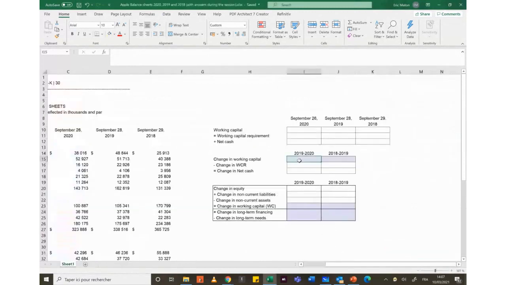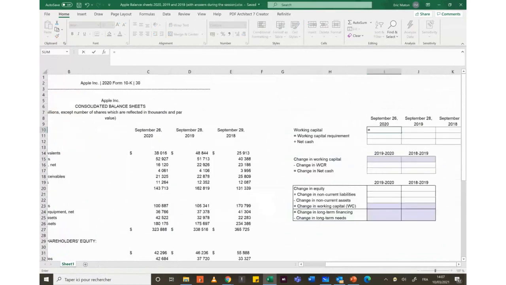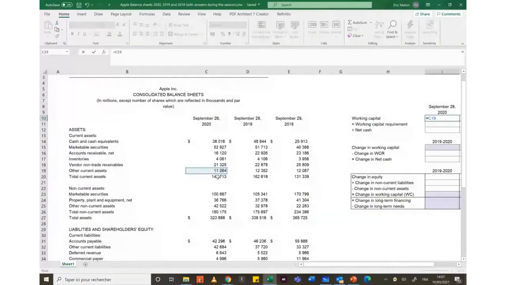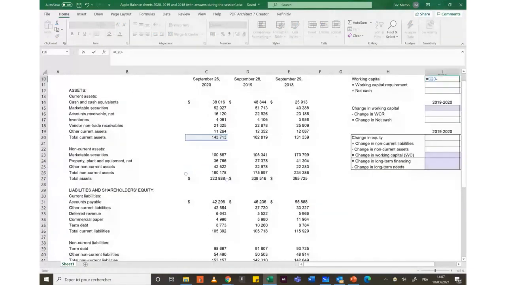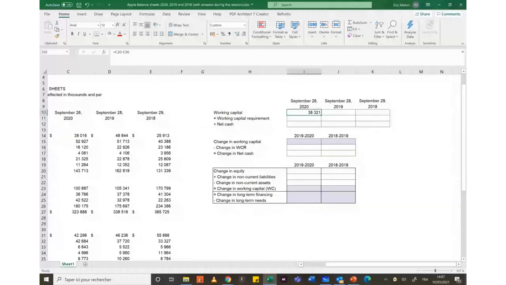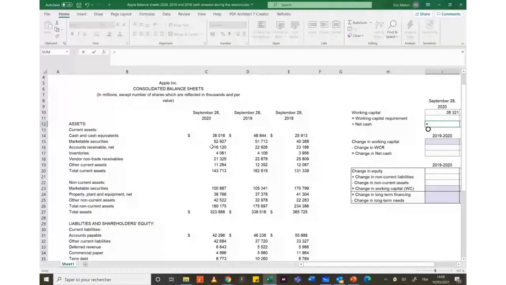So the working capital is very easy to calculate. The working capital is the total current assets minus total current liabilities. So here for April, you can see the working capital is positive. The net cash is the cash plus marketable securities minus the short-term debt.